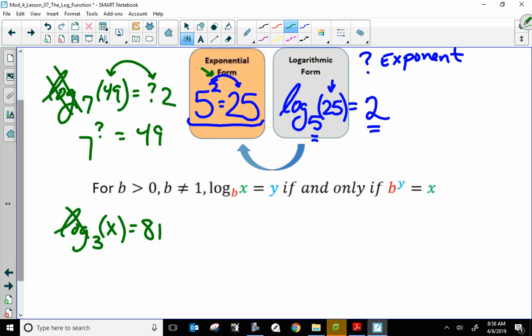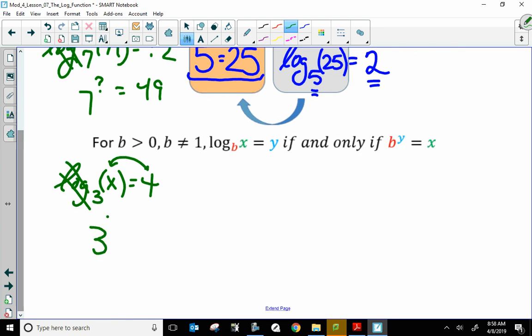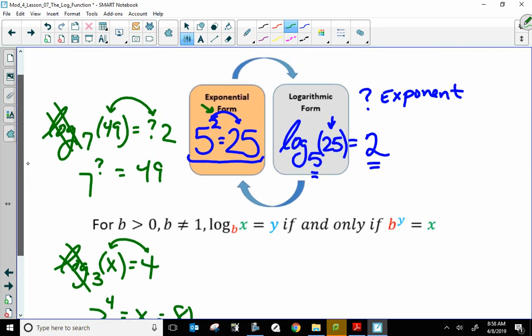She would drop the log and just switch these two and say 3 to the power of 4 would equal what? Well, she knows 3 to the 4th power is 81. She did that, and she did really well.